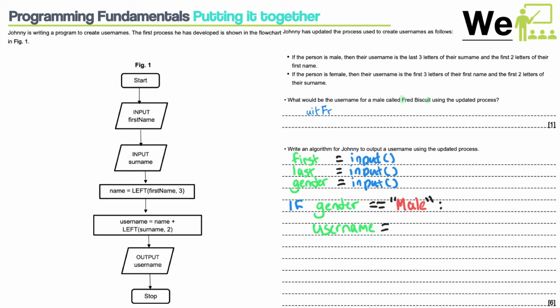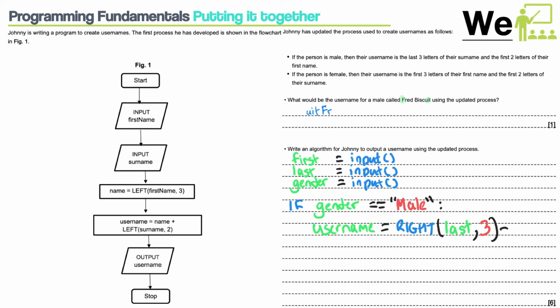So we'll type in, so is equal to right, the function right. And we're going to send it the surname, so send it last, and then the value 3 to take the last 3.